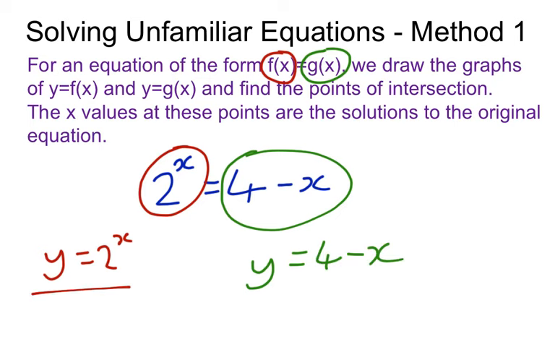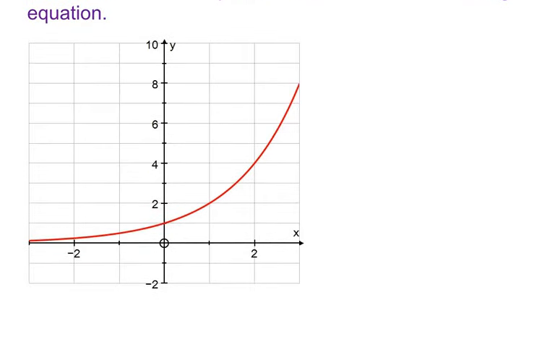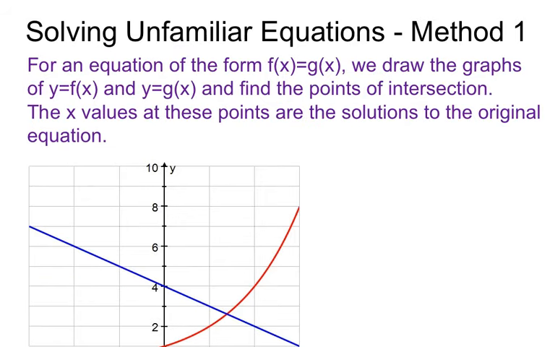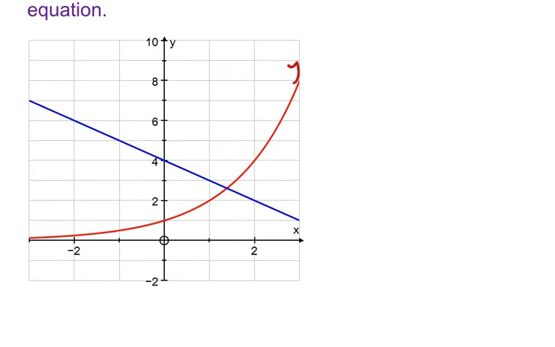When we plot the first one, y equals 2 to the x, we get this graph here. And then when we plot the second one, which is y equals 4 minus x, we get this graph here. So we have y equals 2 to the x, and down here we have y equals 4 minus x.